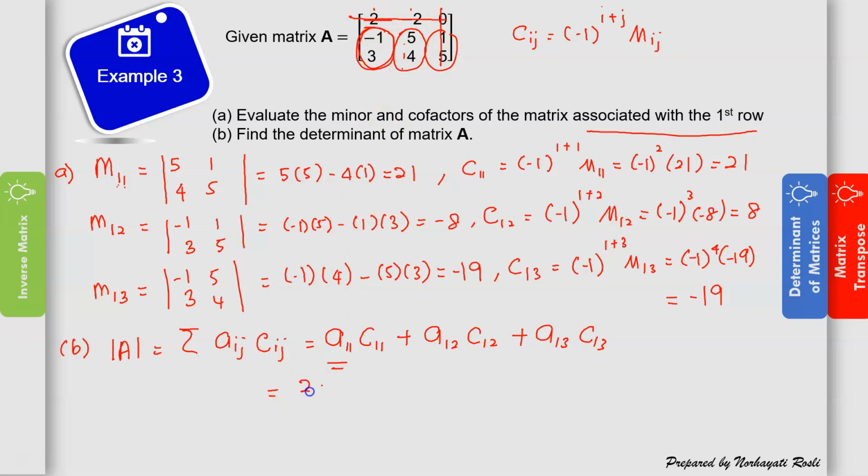So we have 2 times 21 plus, and then A12 is again 2, times 8, and then plus 0 times negative 19. When we solve this one, we get the answer equal to 58. So this is the determinant for this matrix.